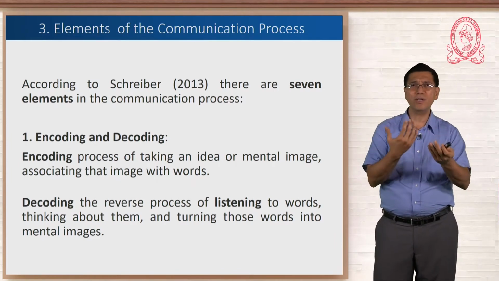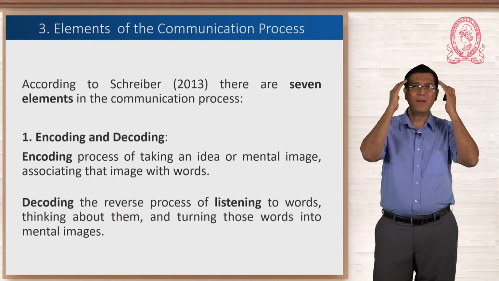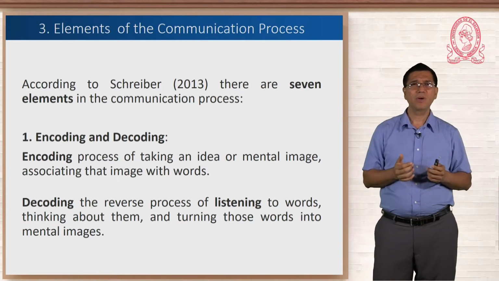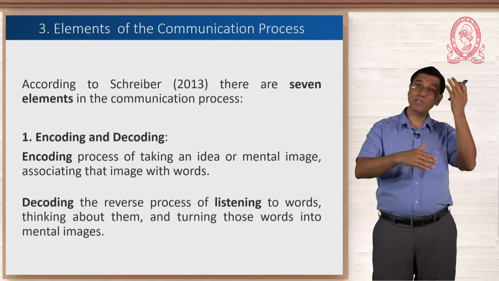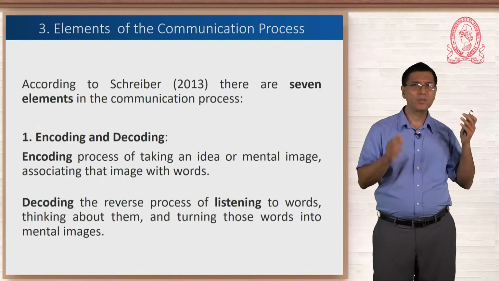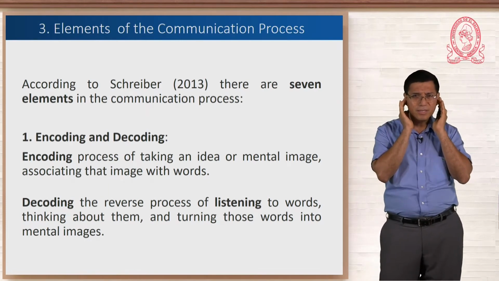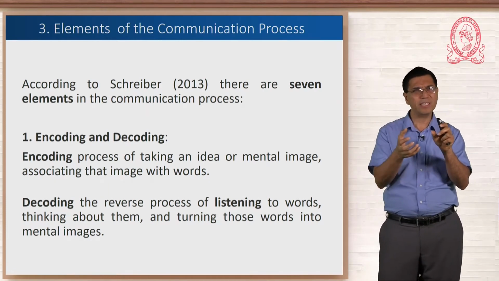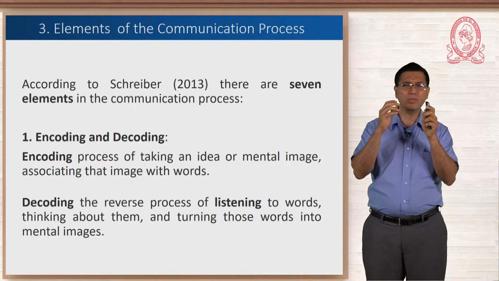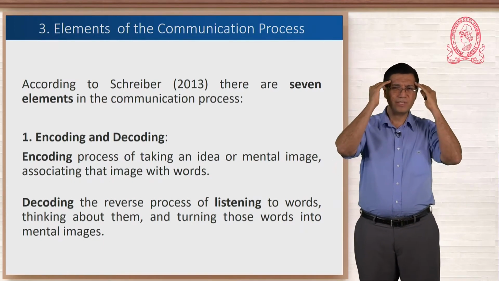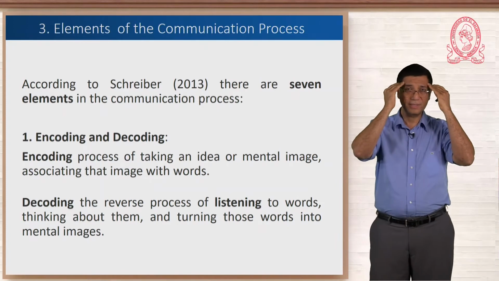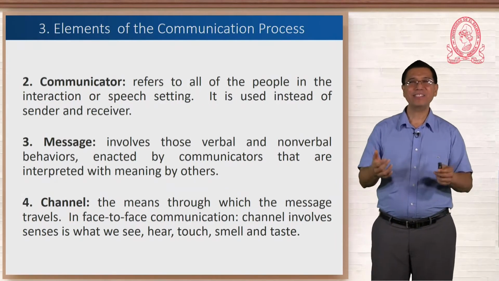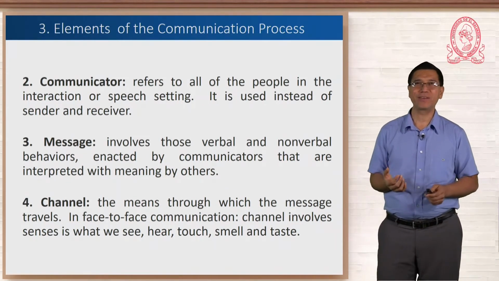So as you are talking, you have a mental image. What is decoding? It's the reverse process. It's the other way around. You listen to the words carefully, thinking about them, meditating, reflecting, and then you turn these words into images, of course, in your mind.